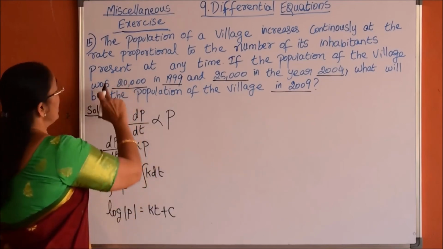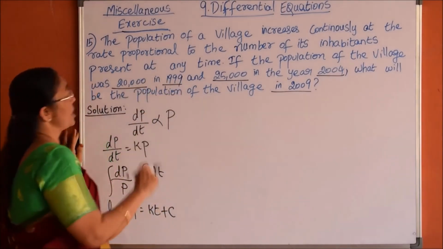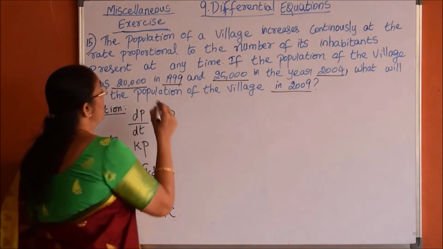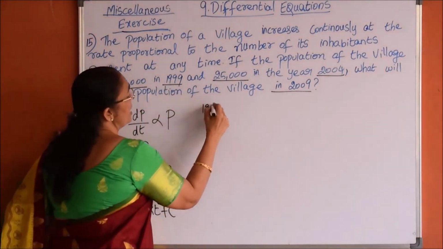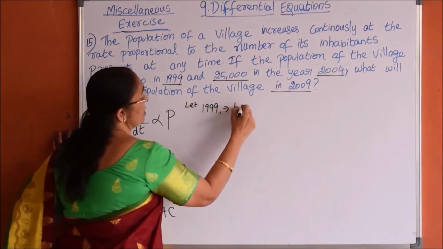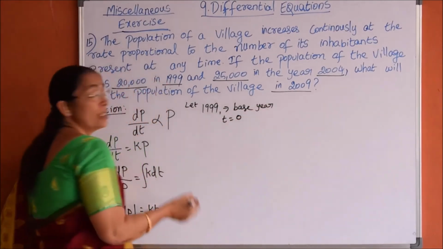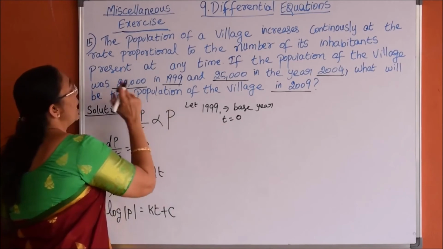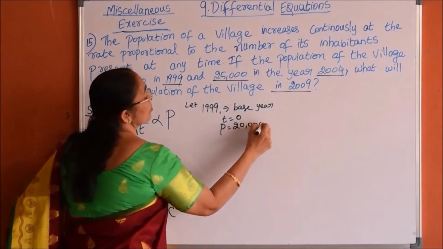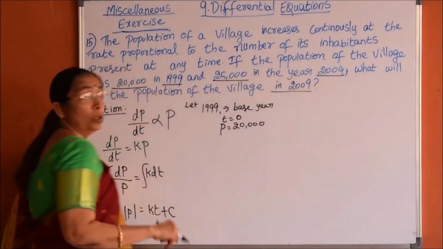Now, it is given that in the year 1999 the population was 20,000. So, let this 1999 be the base year. When we take this base year, my t value is 0. When t is 0, the population is 20,000. The next condition is, it is 25,000 in the year 2004.